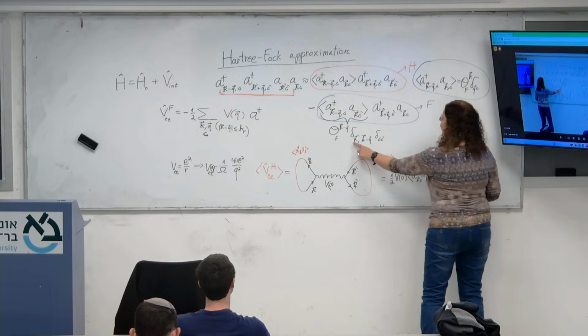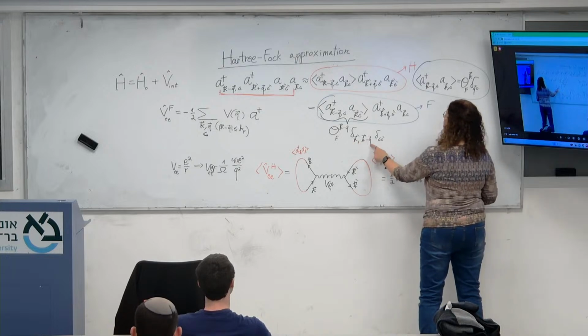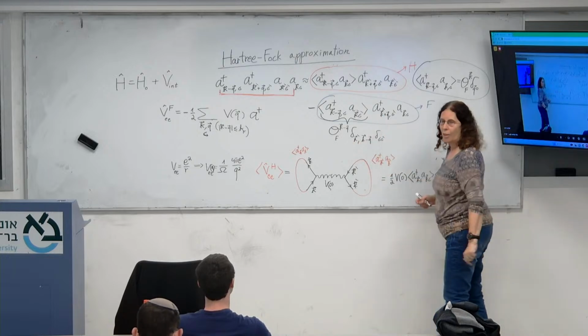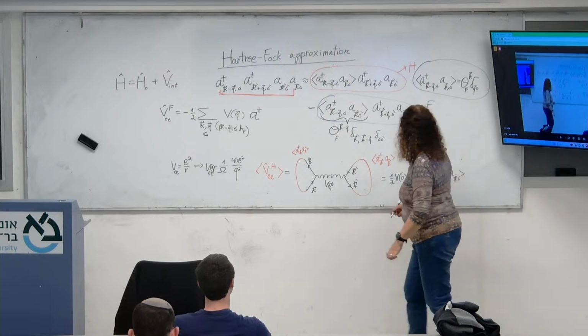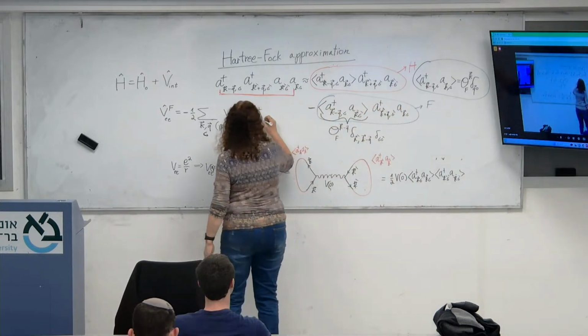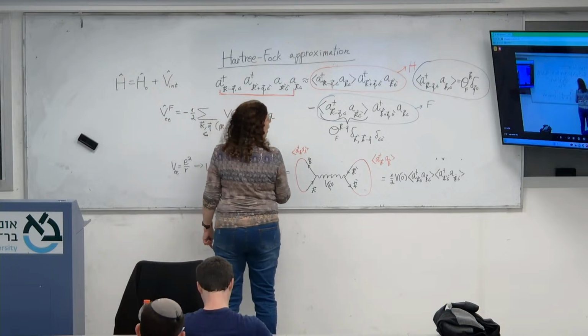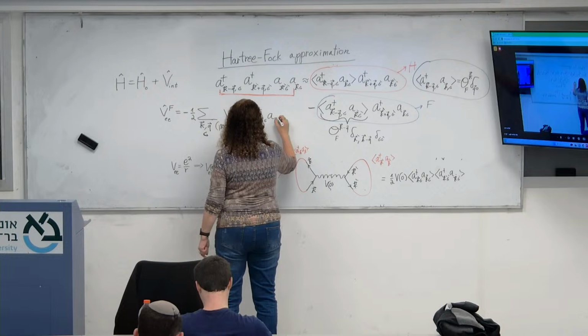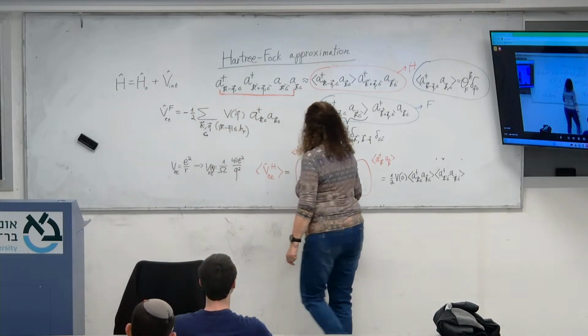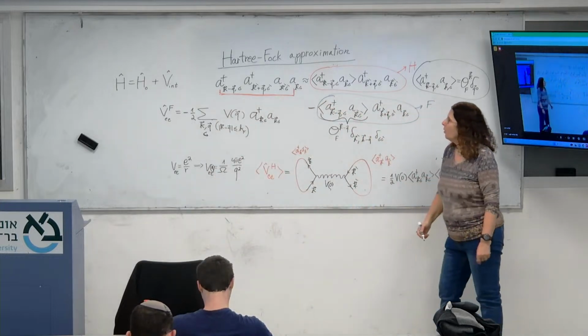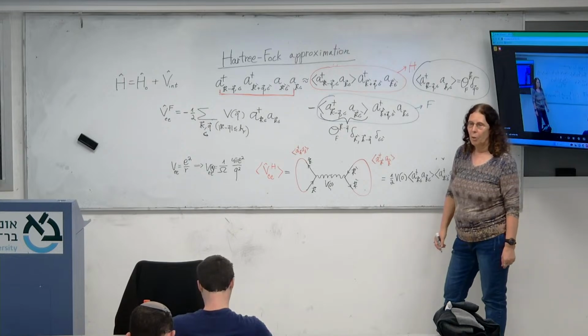So if k prime is k minus q, k prime plus q is just k. And sigma is equal to sigma prime. And that's what I got. Okay? That's all.